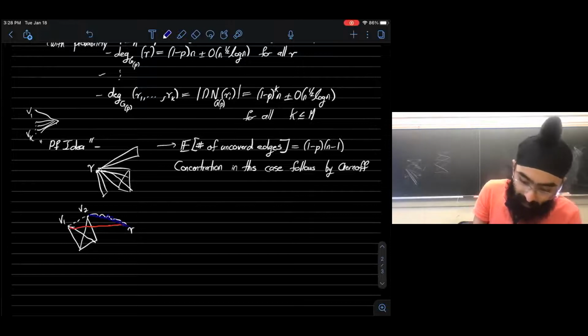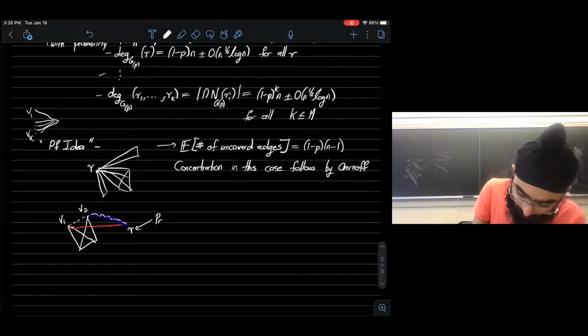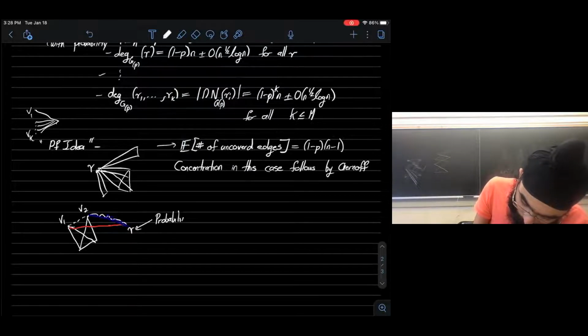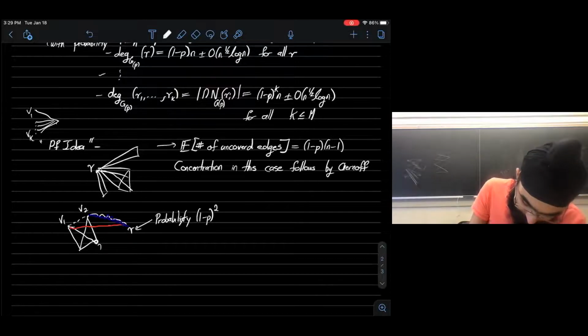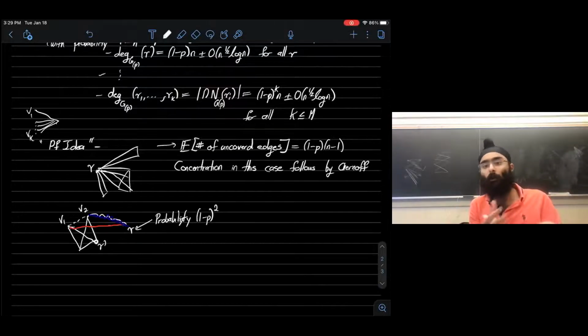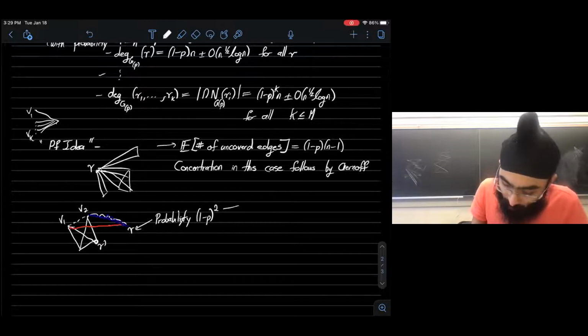So the probability that this vertex v survives and is a common neighbor is 1 minus p squared, and that's exactly what you expect. But for the vertices here, let's say v prime, which are in the same clique, it's only probability 1 minus p, because you just need to know that that clique wasn't deleted. But notice that all of these special vertices v sort of have to be in this clique coming off v_1 and v_2, so it's only a small number. So long story short, there's the expected number of uncovered edges.